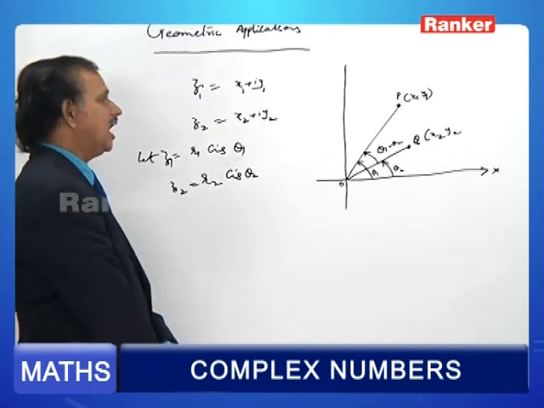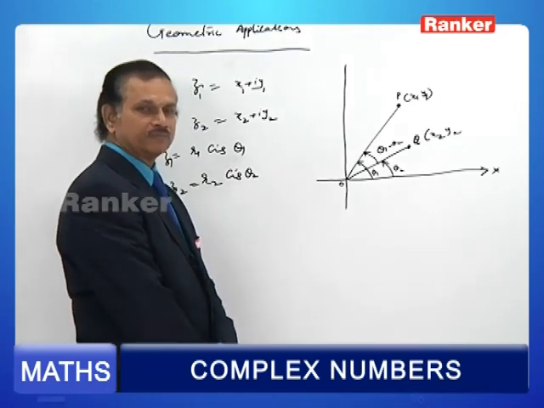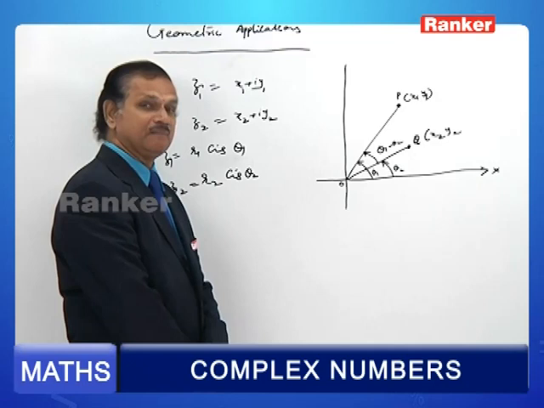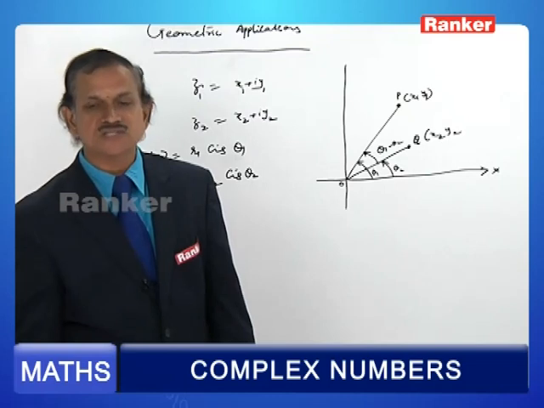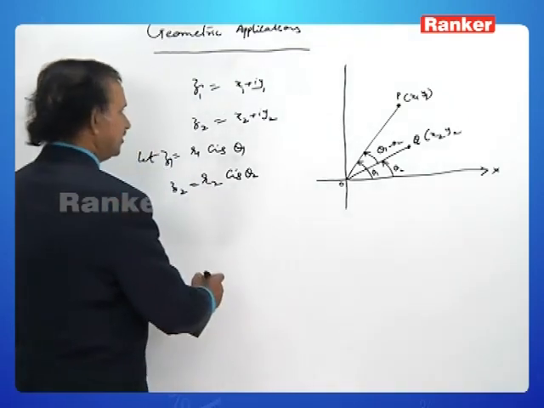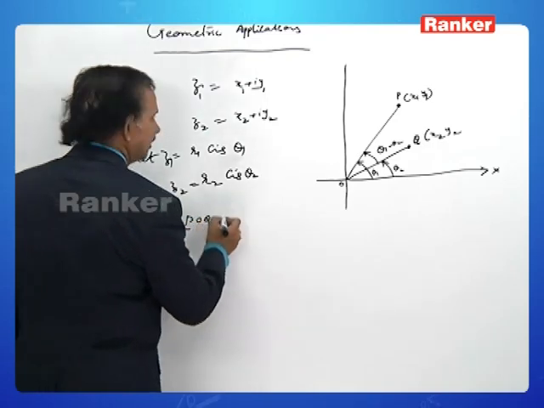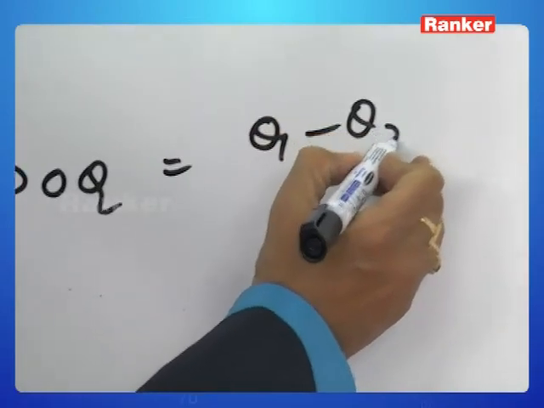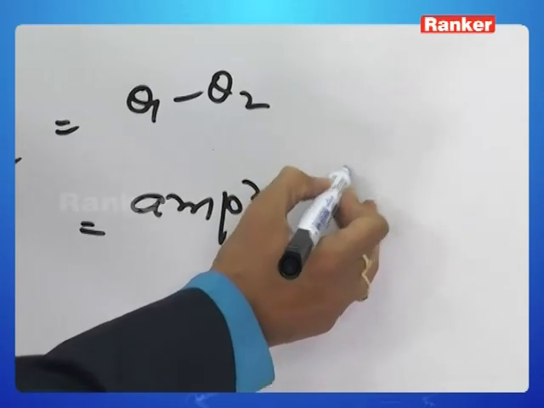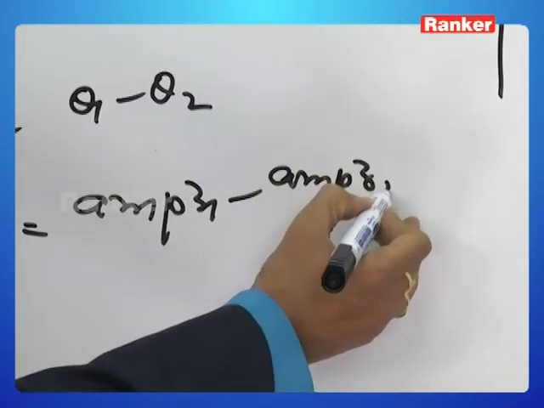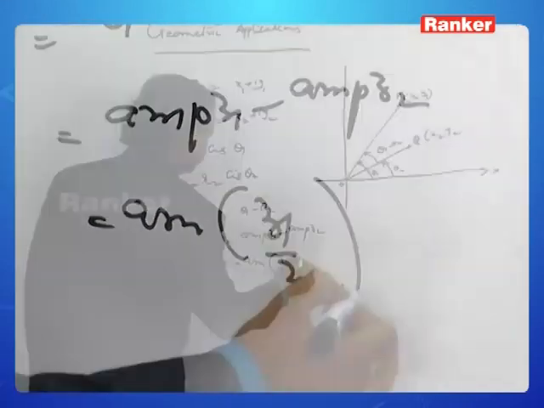It is nothing but argument of z1 minus argument of z2, which is nothing but argument of z1 by z2, that is cis theta 1 by cis theta 2 is nothing but cis of theta 1 minus theta 2, isn't it? Therefore, we say that angle POQ is equal to theta 1 minus theta 2, which is equal to amplitude of z1 minus amplitude of z2, which is equal to amplitude of z1 by z2.